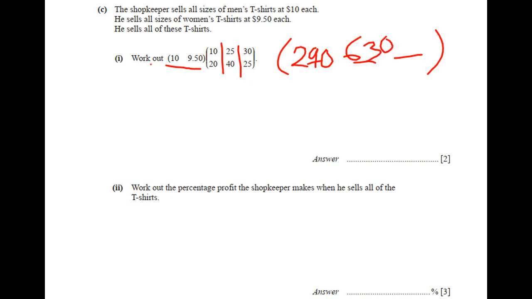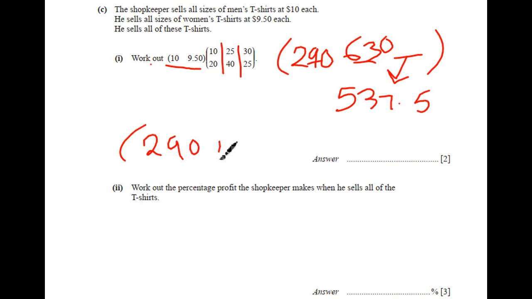And then 10 times 30 plus 9.5 times 25, which gives us, this third entry will be 537.5. So this is the final answer: 290, 630, sorry, without the comma, and 537.5. Work out the percentage profit the shopkeeper makes when he sells all of the t-shirts.